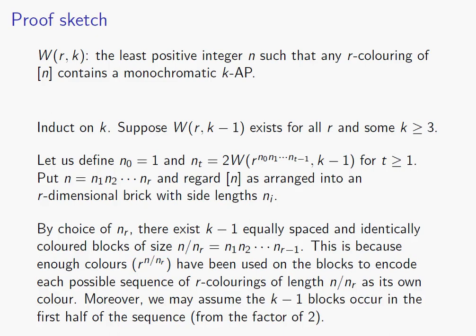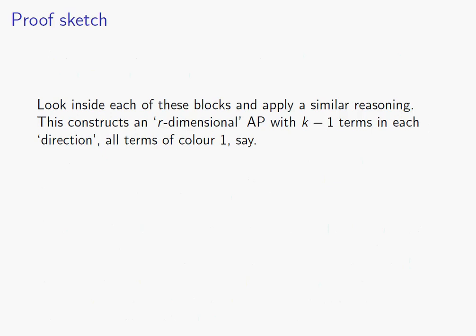Now, moreover, for a technical detail, it's helpful to assume that the k-1 blocks occur in the first half of the sequence, using the factor 2 in our recursive definition of n sub t. Alright, now let's look inside each of these blocks and we'll apply similar reasoning.